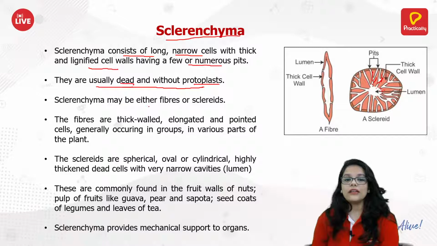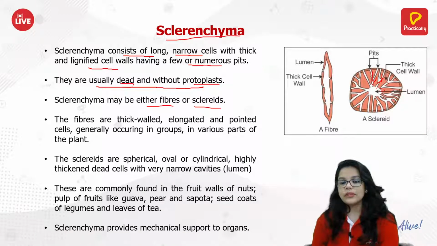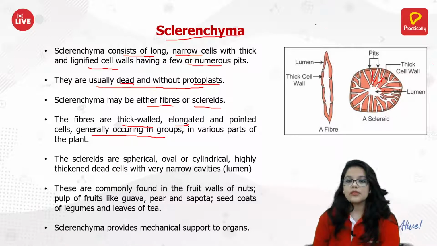Sclerenchyma may be either fibers or sclereids. They have a fibery nature. They can be like this or like this. The fibers are thick-walled, elongated and pointed cells generally occurring in groups, in various parts of the plant.